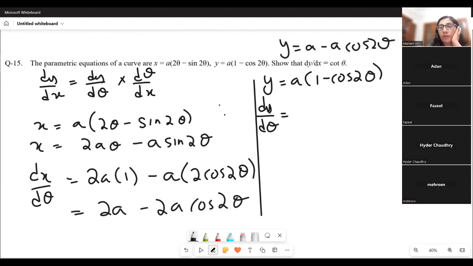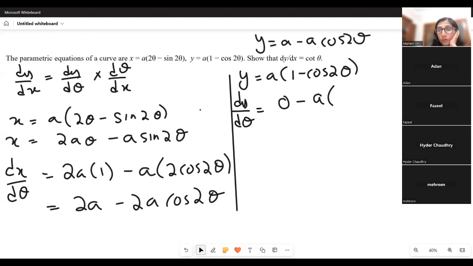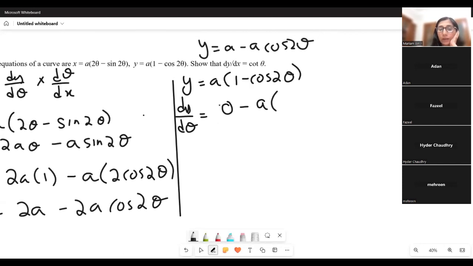So dy over d theta is going to be, derivative of a is just 0, so constant, minus derivative of a cos 2 theta. So minus a, and then the derivative of cos 2 theta is minus sine 2 theta times 2. So dy over d theta is 2a sine 2 theta.